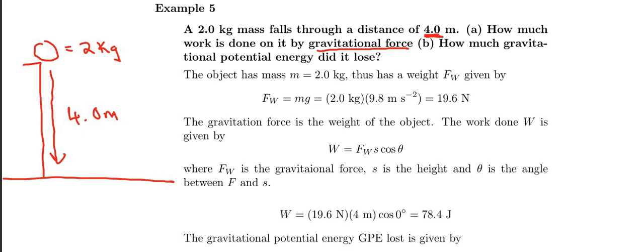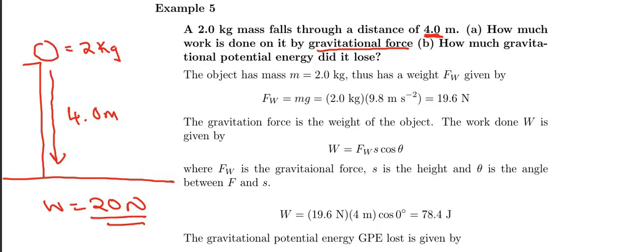So we'll get the weight. I'll just use g as 10, so our weight is going to be 20. Then if I have a weight of 20, I can multiply it with the total distance.